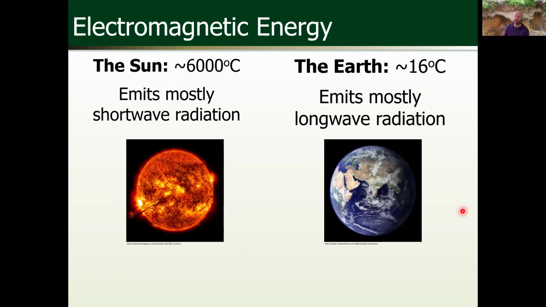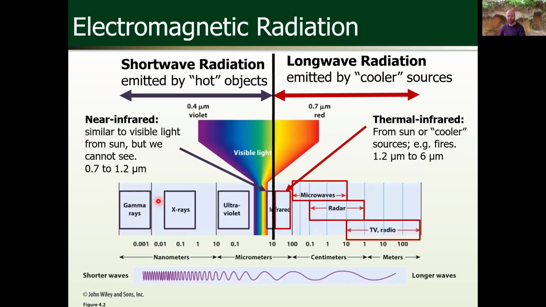And so the sun, considered a hot object, emits mostly shortwave radiation. In this case, something like the sun emits an incredible amount of radiation in all forms of the electromagnetic spectrum, including long wave radiation. But if you actually quantify in terms of units of energy the amount of energy released by the sun, most of that energy is in the form of these shortwave forms of radiation.